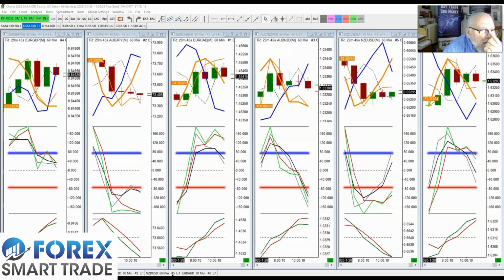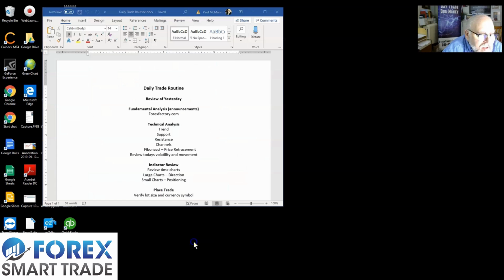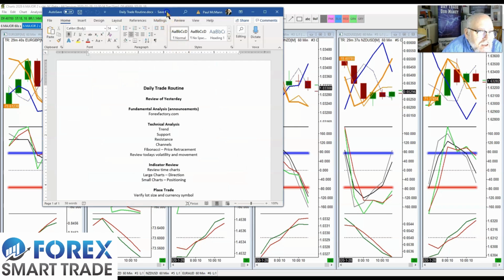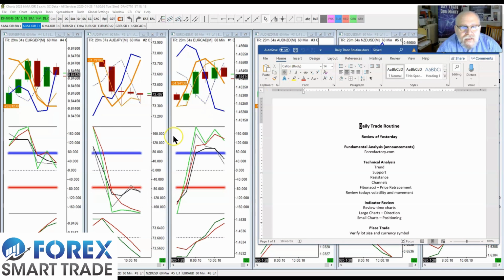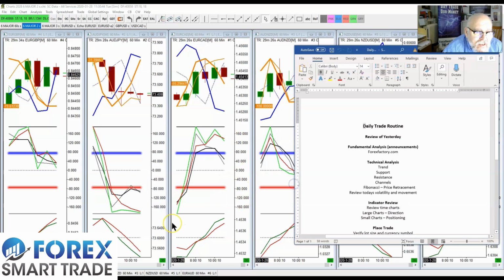So let's get started. We should all work off of a trade routine. Here is kind of my trade routine. Although I don't have it posted on here, I think it's good practice. Even before we start, I always like to double check and make sure that I am connected to the internet.